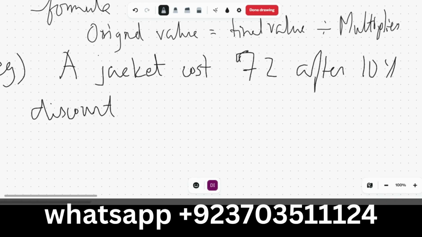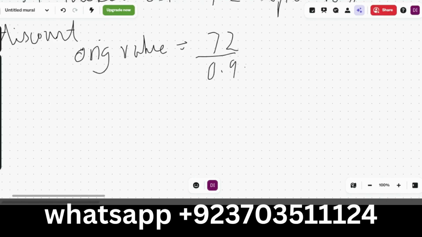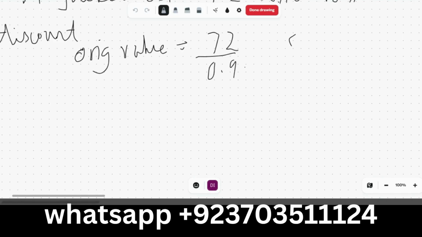So 10% has been decreased, so the remaining price would be 90%. Original value is equal to final value, 72, divided by 0.9. That will give me the original value, which is 80 pounds.